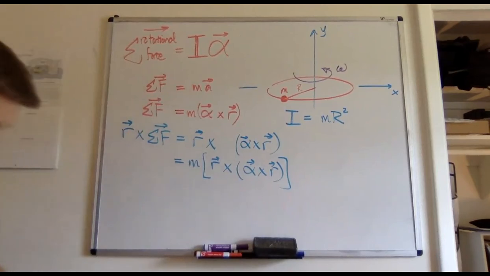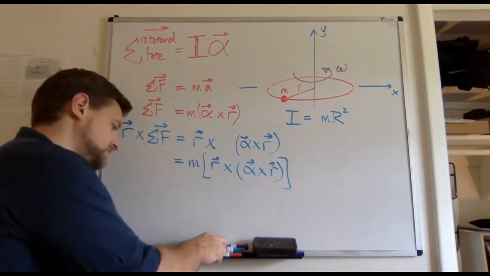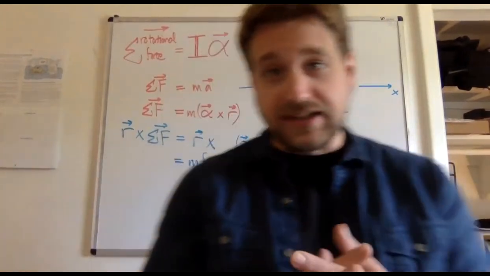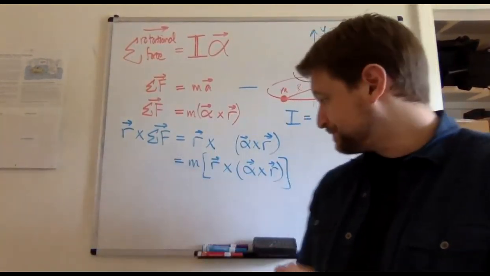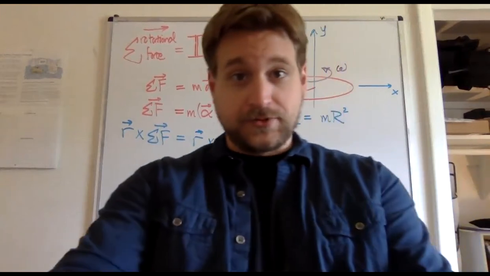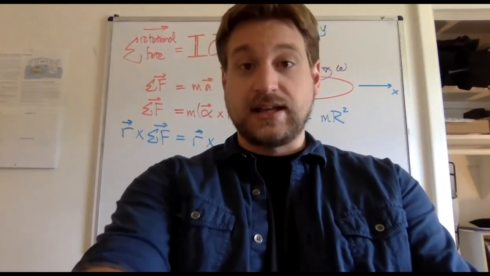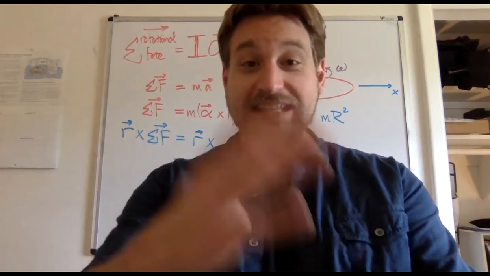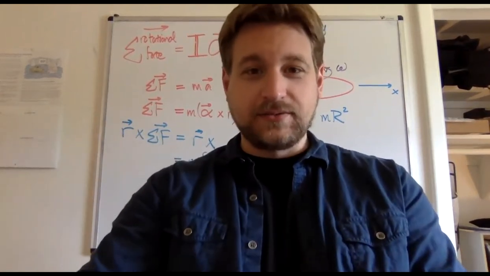Now, there is an identity from vector multiplication, the triple cross product, that I'm going to look up right now because I never remember what the identity is. It is something that we can look up, and in fact, you know what?